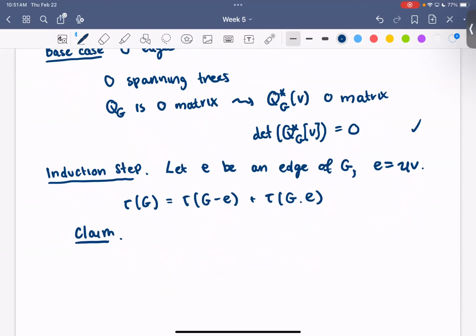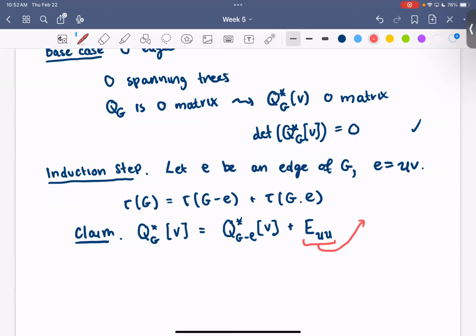And it's the following. So if I take Q sub G star of V, so I'm deleting the row and the column corresponding to one of these endpoints of E, I'm going to claim that this is equal to Q sub G minus E star of V plus E sub UU, where this is the matrix with a 1 in the UU entry and 0 everywhere else.